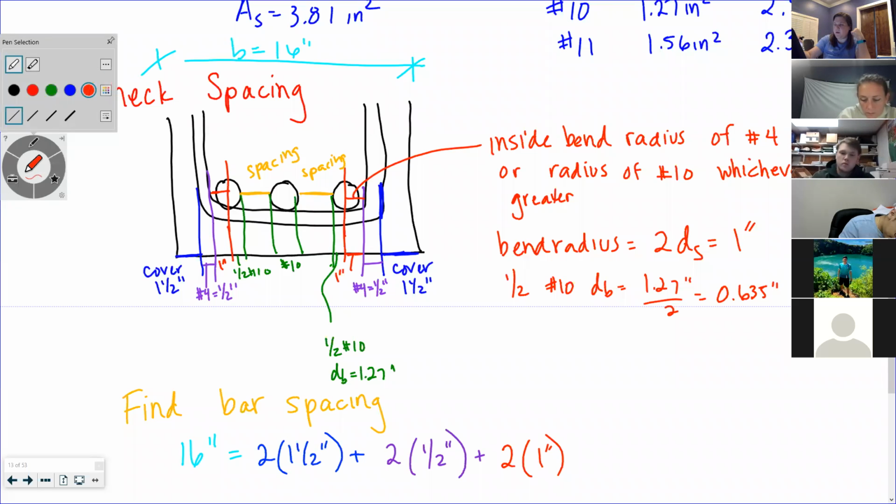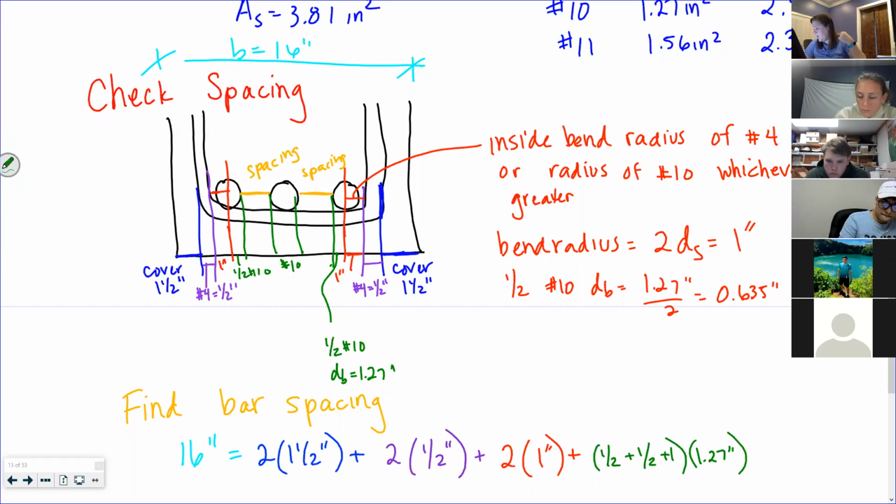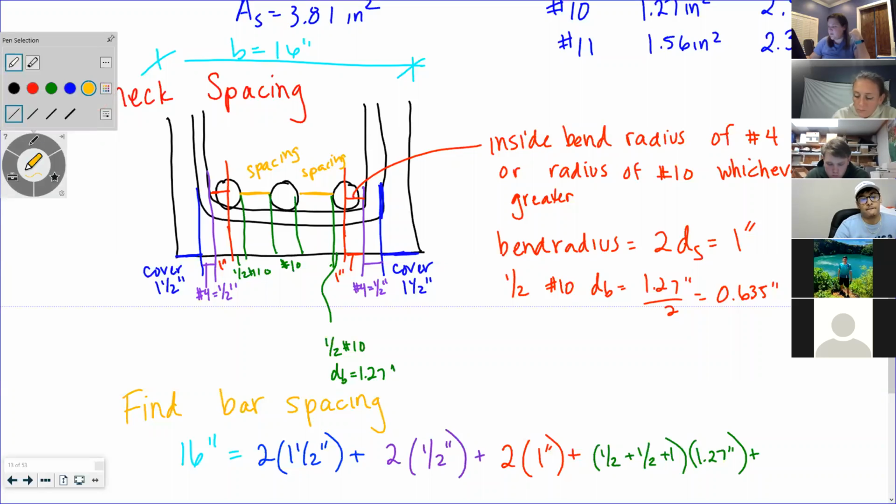And then half a number 10, sorry, half a number 10 and a number 10, 1.27 inches. And some spaces.